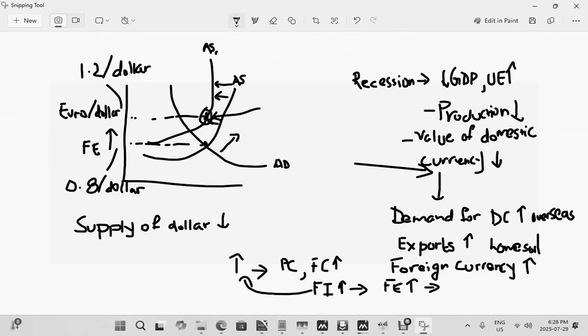It will lead to further exports, so exports go up for the home country. This is considering ceteris paribus, all other factors being equal, such as private investment, your budget deficit, and so on.